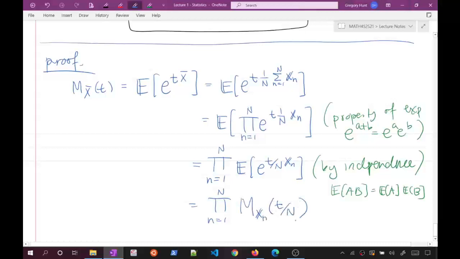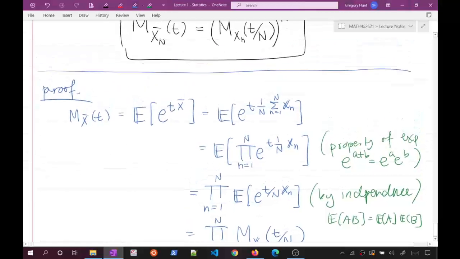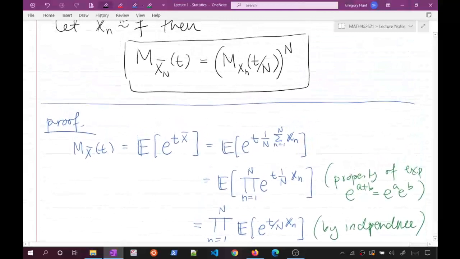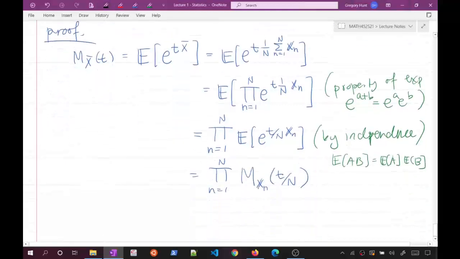If I said, what's the moment generating function of xn at t over n, that's what you'd write down. And in my theorem, really, we shouldn't write x sub n here. We really should write more concretely x sub 1. Reason being is that all of these moment generating functions are the same.